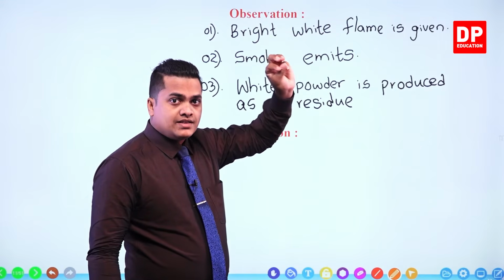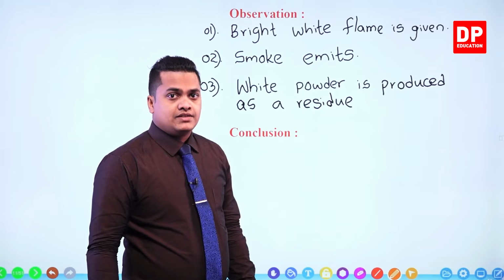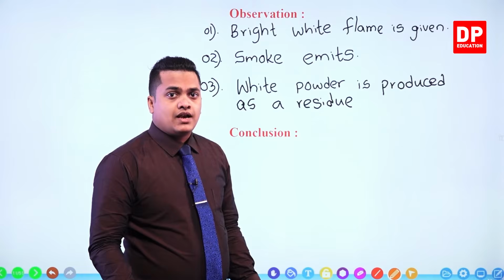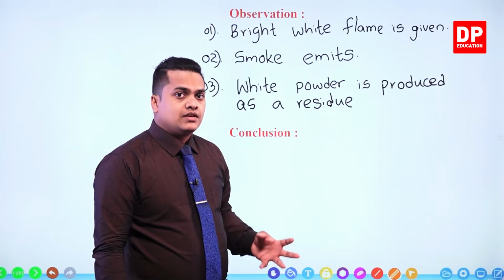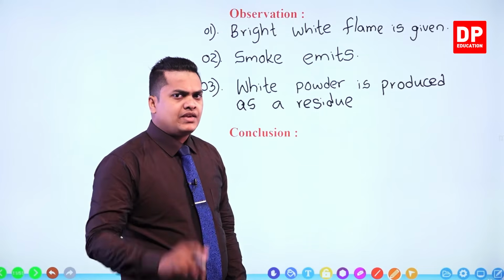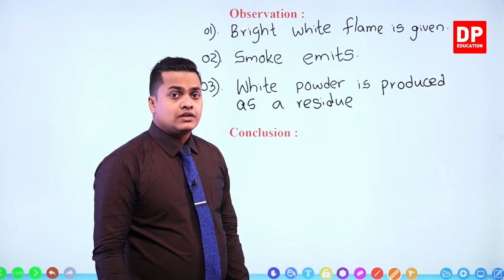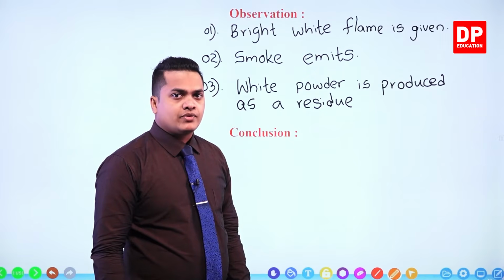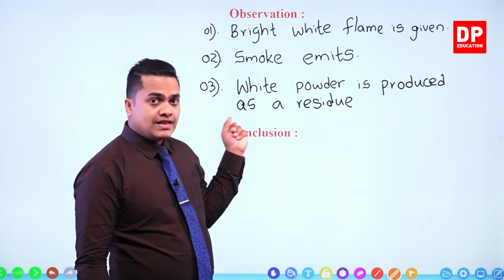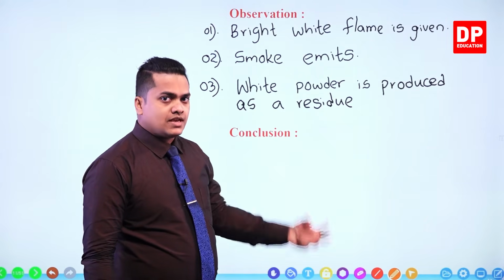So here you can see that by changing the structure of magnesium, all new substances have got created from this change. So we can say that burning that piece of magnesium is a wonderful example for a chemical change, or else a chemical reaction, because in each of these steps you could see that new substances have got created.